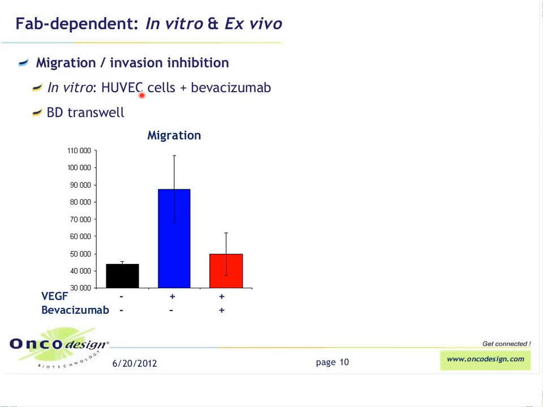In this assay system, we've used UVEC cells, which is a cell that migrate toward VEGF, and we have validate an assay system based on a Transwell system. We observe here the increase of migration only due to VEGF, and the decrease of migration in presence of Avastin.